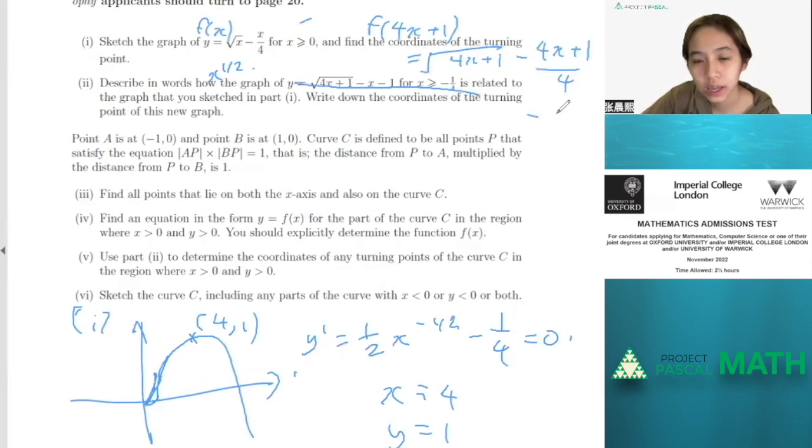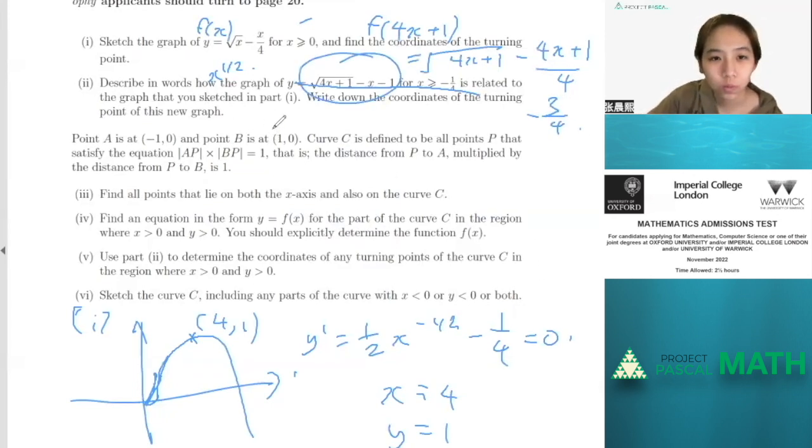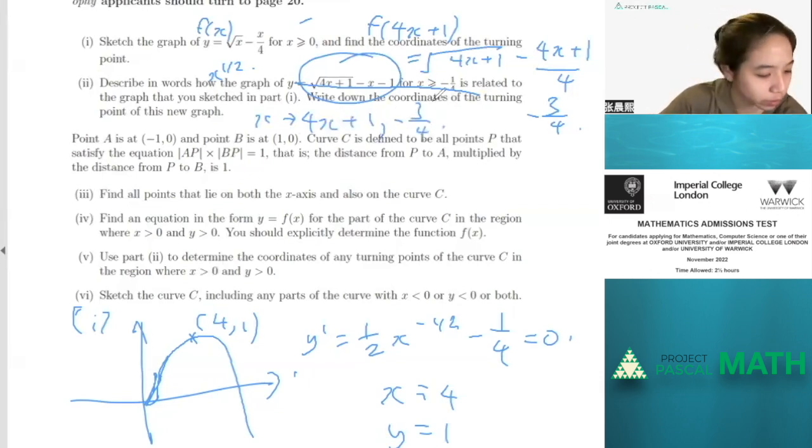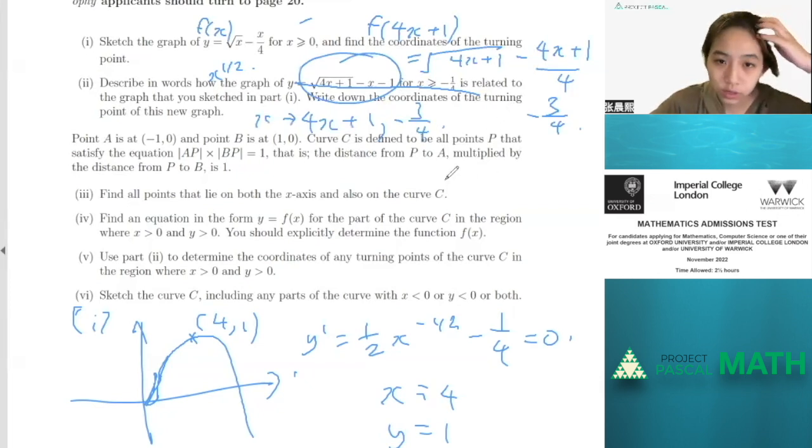And then you translate it again by negative 3 over 4 to get this final graph here. So how do you get this? You basically sub in x plus 1, and then you translate by negative 3 over 4.